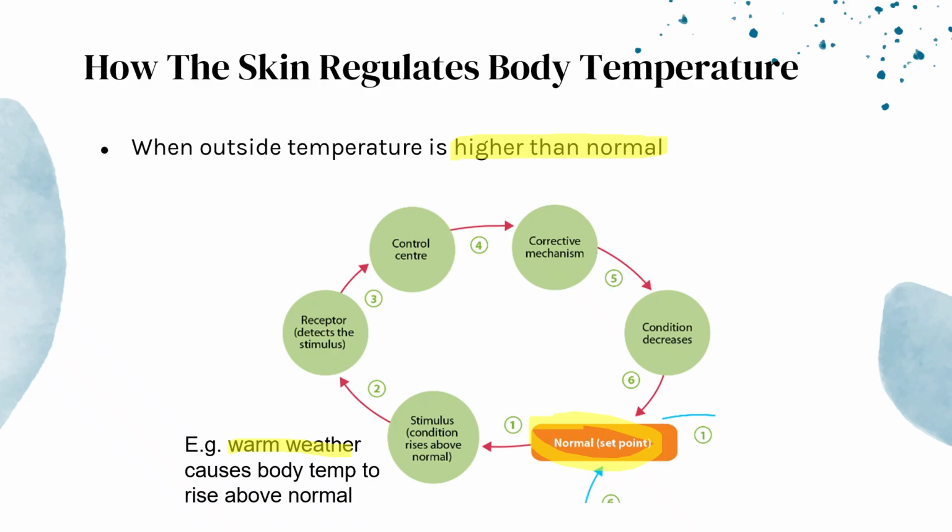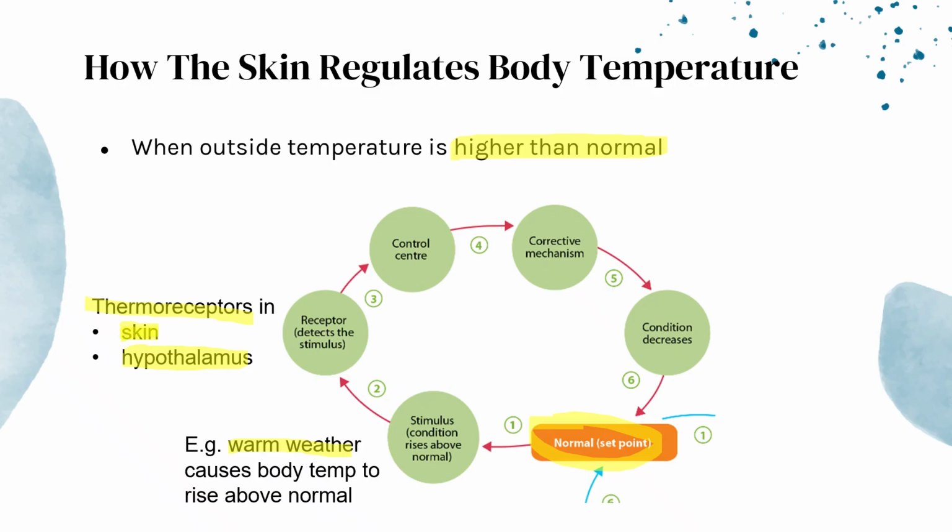Now this warm temperature will be detected by thermoreceptors under our skin, and also in the hypothalamus. When the blood gets warmer and warmer, the hypothalamus can detect the change in temperature in the blood. But the first defense is the skin, because this is where the skin comes in contact with the warm air.